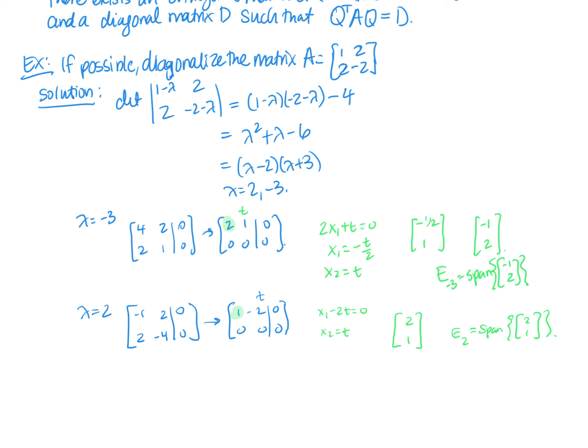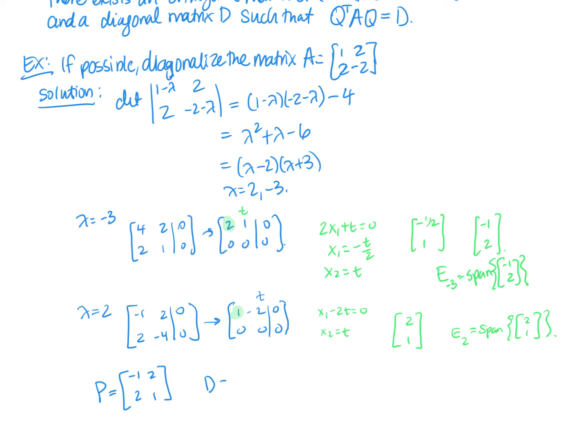Now I can let P equal the matrix with columns -1, 2 and 2, 1.